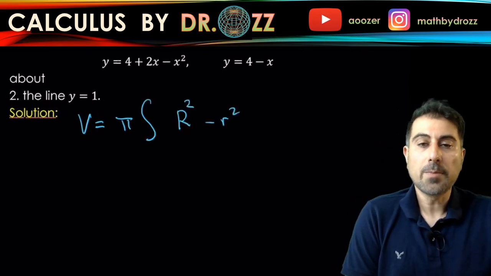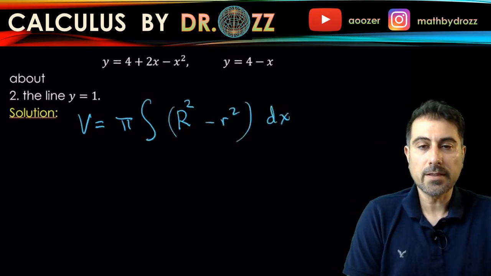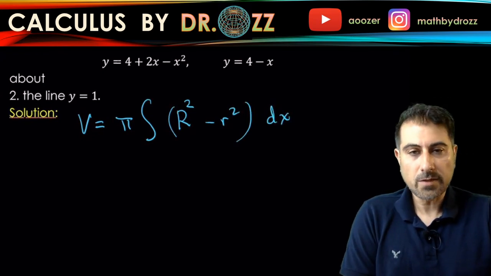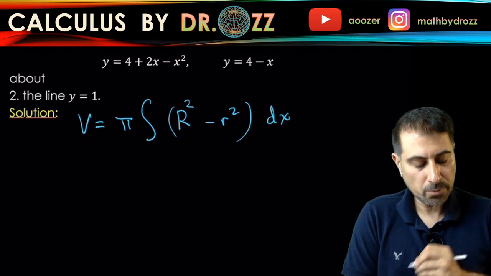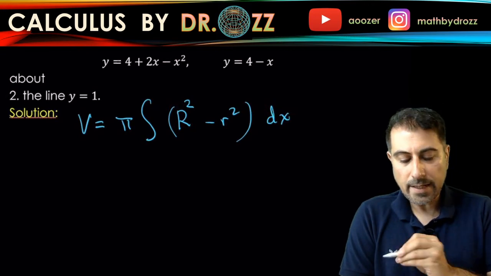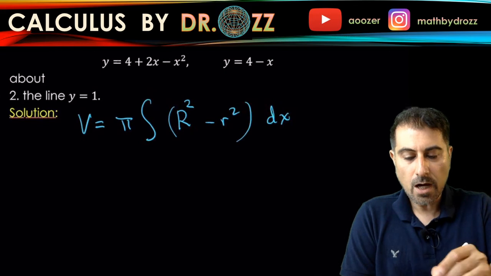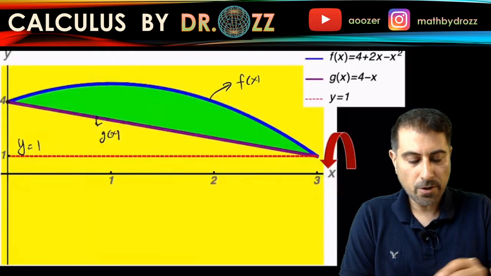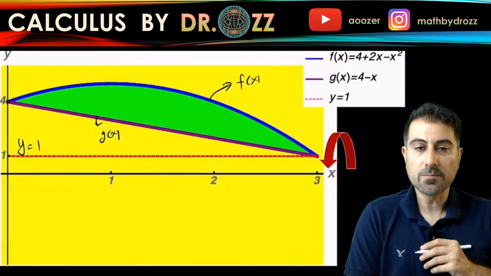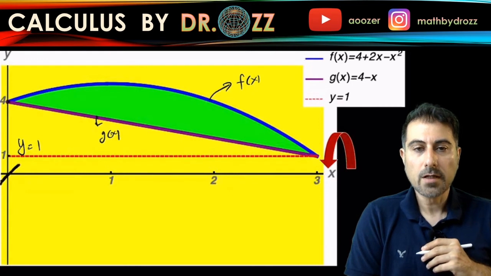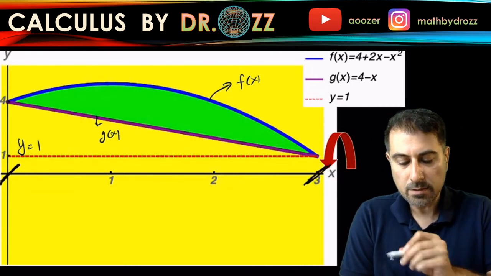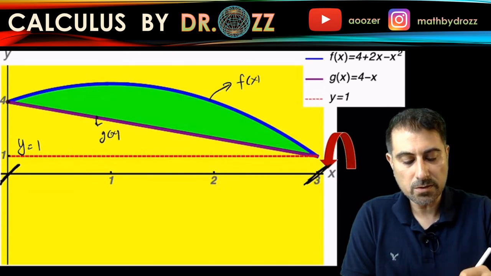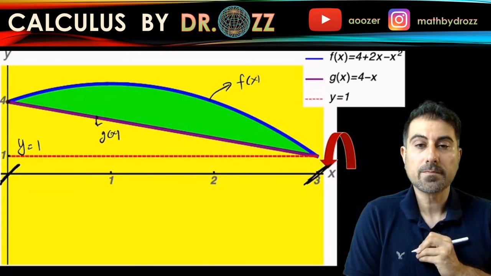Pi capital R squared dx is the volume of the outer disk, and pi little r squared dx is the volume of the inner disk. If you subtract, that's exactly the formula you get. And I know that x in the region ranges from 0 to 3, so the limits of the integral are 0 and 3.